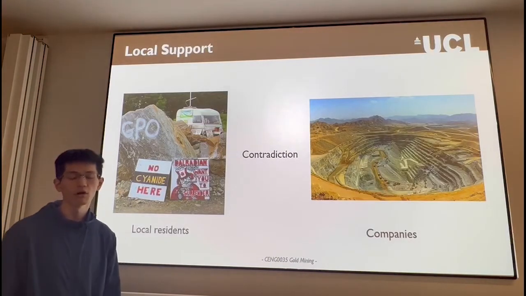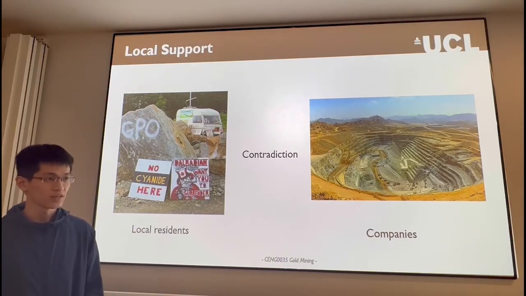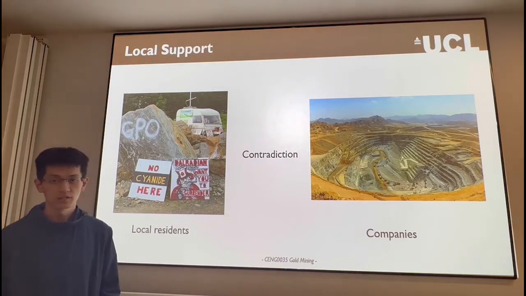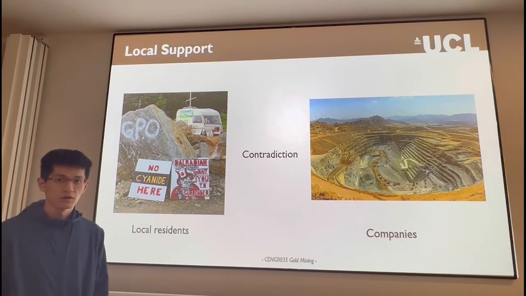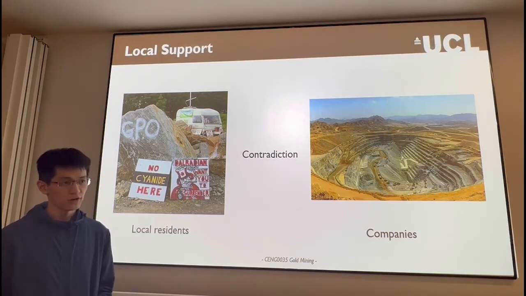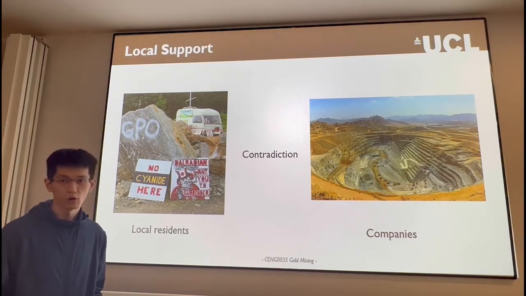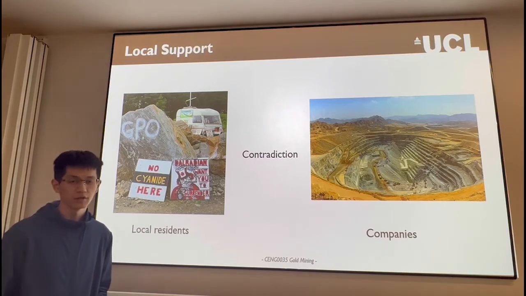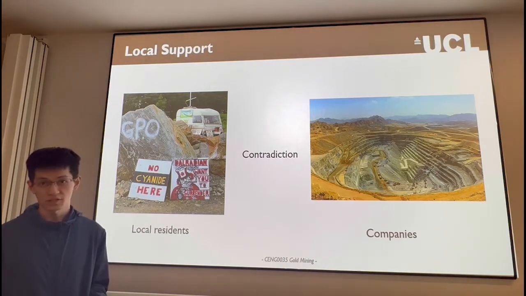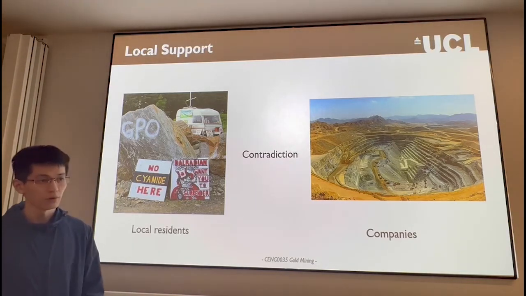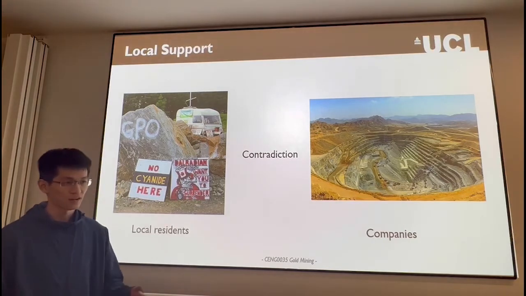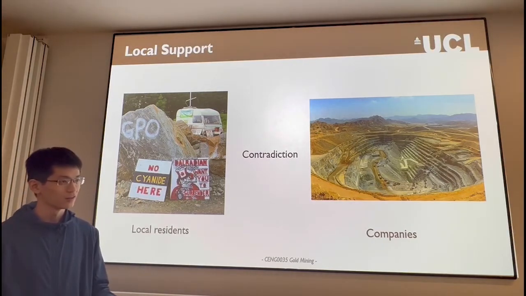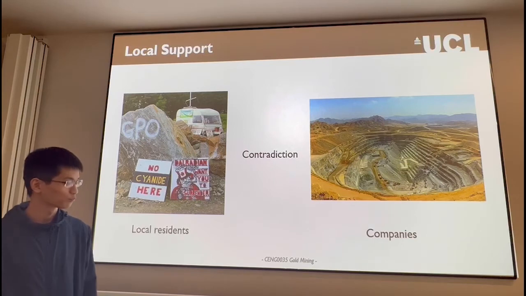Another important thing for companies to think about is how to get support from local people, because gold mining is quite large scale and often contains many toxic steps. So many people are not willing to have a gold mine near their home.